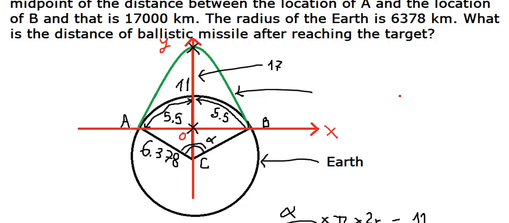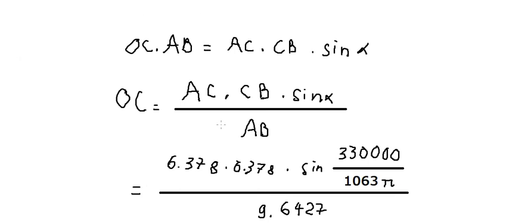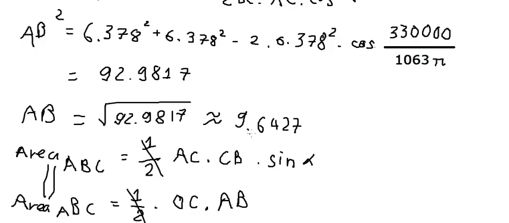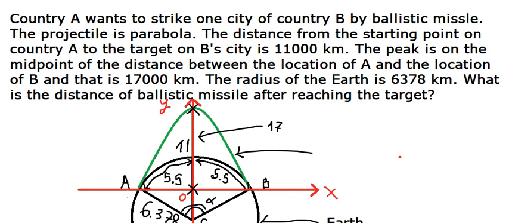Now we have AB, and we know that O is the center of AB. So we know the distance AB is about 9.6427. So we can find OA, OB, just like AB divided by 2.